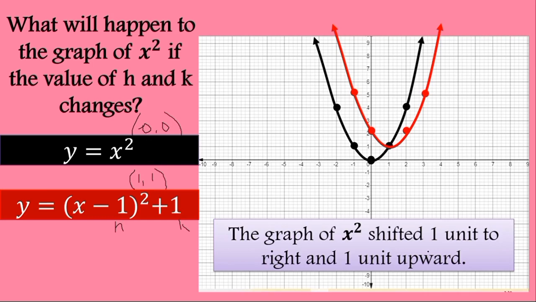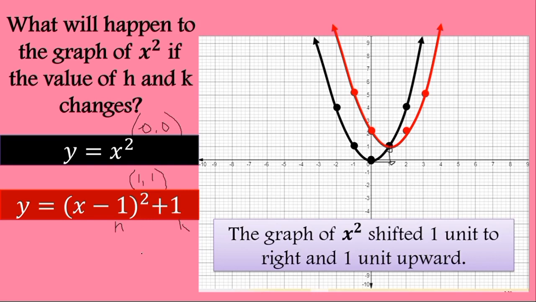It shifted 1 unit to the right and 1 unit upward. That's how the graph of x squared changes when we have a value for h and k.